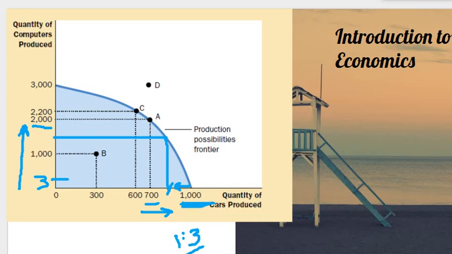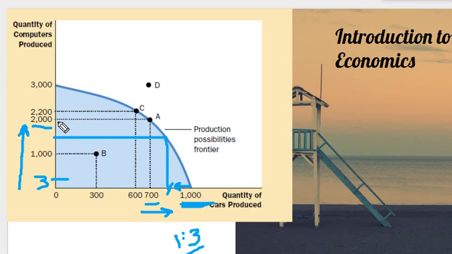and I know if you're new to this, it's a bit difficult to grasp, but the idea remains the same, and the same ideas will actually be explored later in other concepts, so you can always revisit and understand it better. But if you really focus, think about it. If you just let go of one car, you can actually manufacture 3 computers. That means the ratio is 1:3.